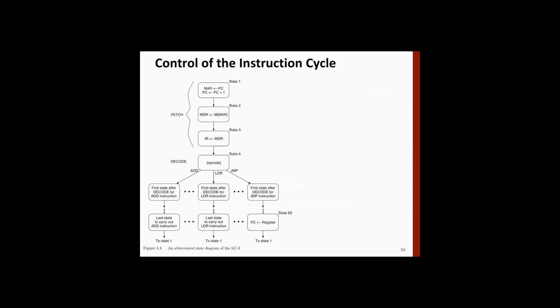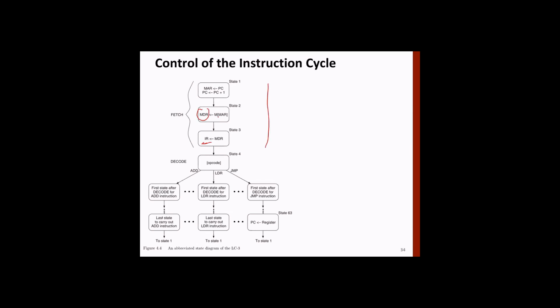All right, this is the control of the instruction cycle. In general, essentially, this shows a state machine for the control unit, right? The first is that the program counter goes to the memory address register. The memory address register will point to a memory location. From there, data will go to the memory data register, and from the memory data register, it will go to the instruction register. Now, at this point in time, the instruction is fetched.